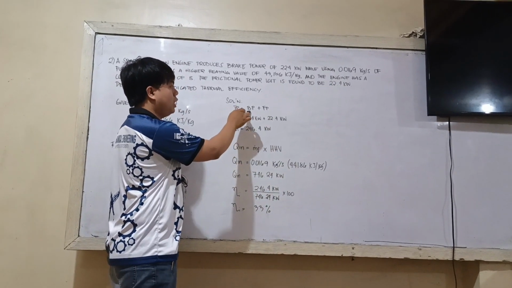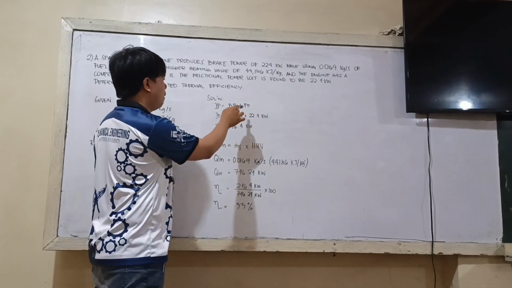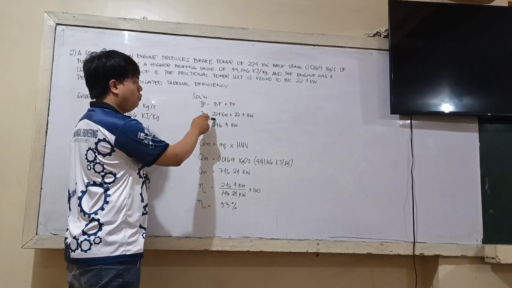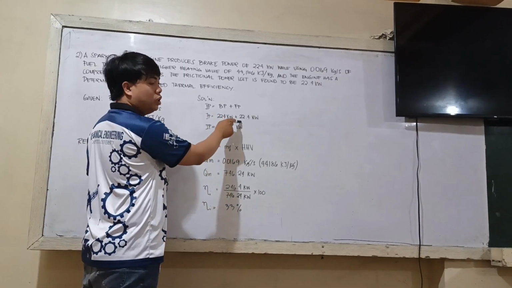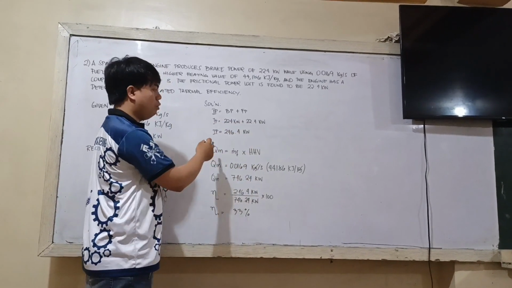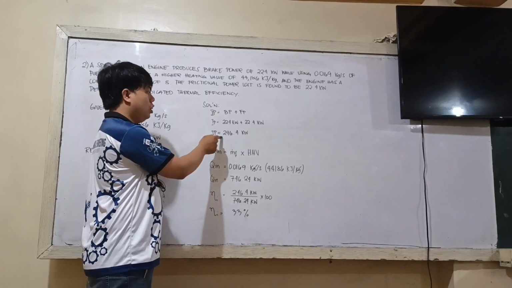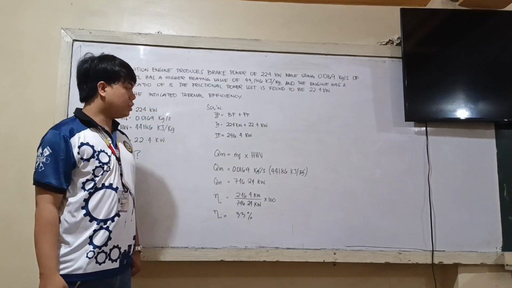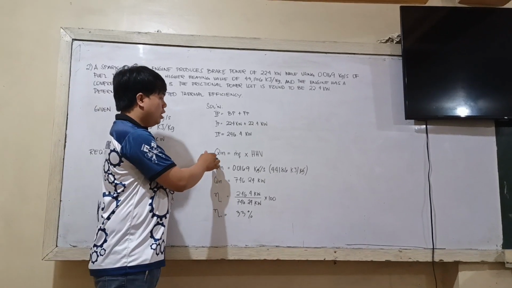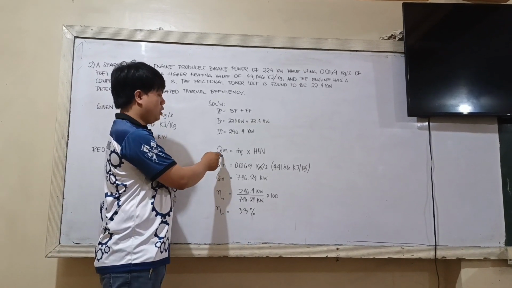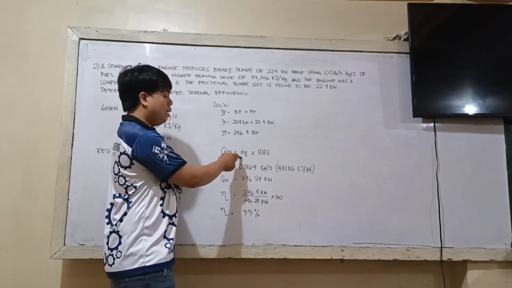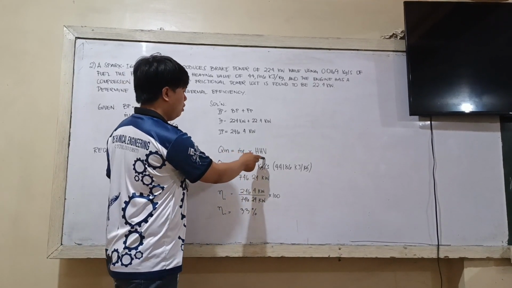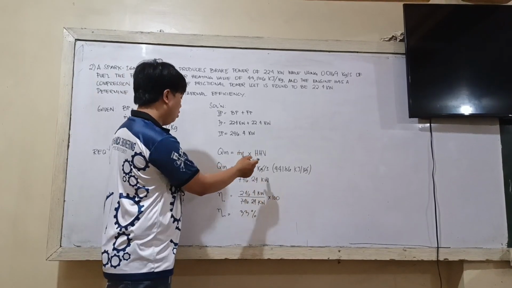The formula of IP is equal to BP plus FP. IP is equal to brake power plus frictional power. So our brake power is 224 kilowatt plus 22.4 kilowatt. So our IP is simply 246.4 kilowatt. Next is the QA. The formula for QA is equal to mass flow rate of fuel times HHV, or the higher heating value.